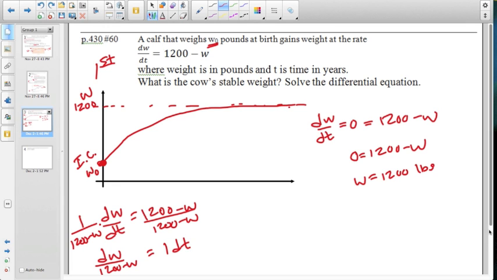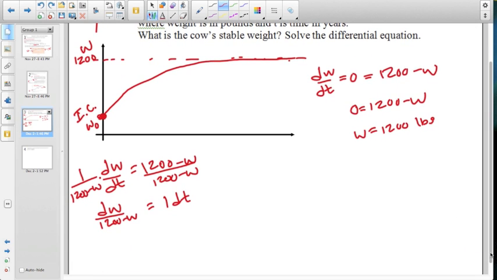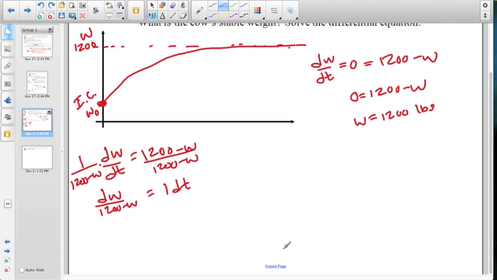And as you can see, we're talking about now a situation where the variable is in the denominator. So we're talking a natural log integral here. So this would be the natural log of the absolute value of 1200 minus W. We have the chain rule here, so we have a minus sign out front, equals t plus a constant.